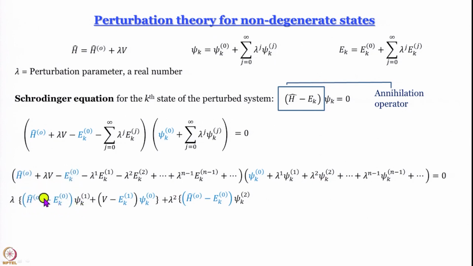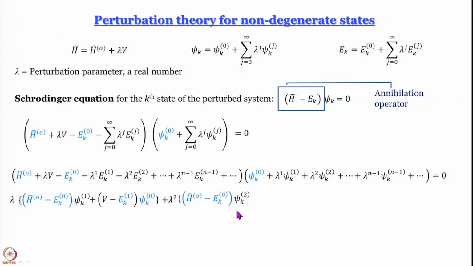So, exactly the same operator as the first term in the coefficient of lambda is observed in the first term of the coefficient of lambda square, same operator but different wave function. The wave function for the coefficient of lambda was the first order correction to the wave function, psi k first. The wave function for the first term in the coefficient of lambda square is the second order correction to psi.